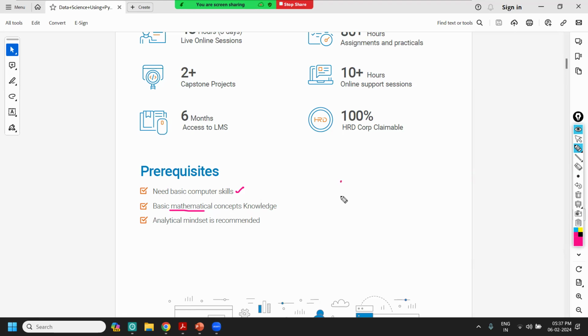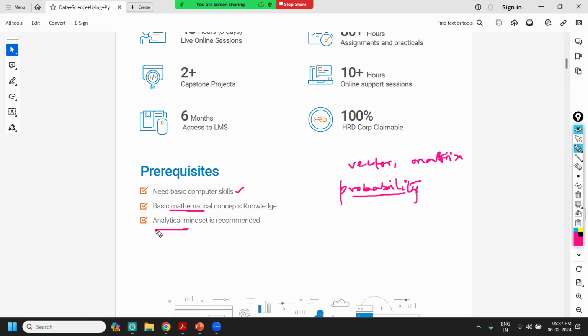Probability, one of the most important concepts. And I'm pretty sure you have studied probability in your schooling. So this basic level of probability is what you should be familiar with. What does vectors mean? What does matrix mean? So these kinds of basic mathematics is what you require.